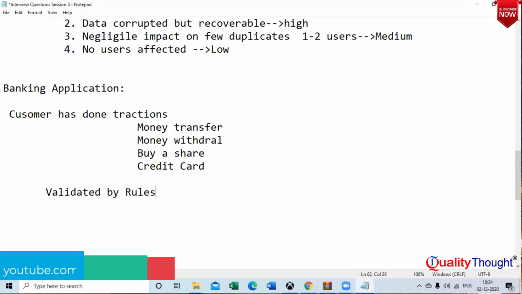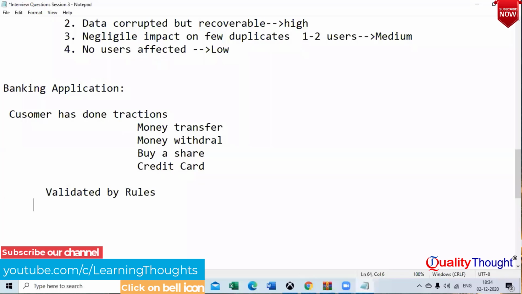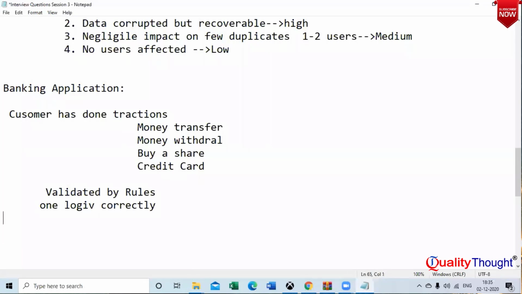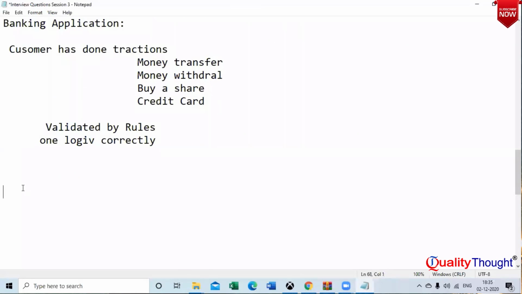For example, one of the developers has not written one logic correctly. Let me tell you about one of the projects. For every transaction there will be a customer ID, and the customer ID is different, and a transaction ID, which is also different.